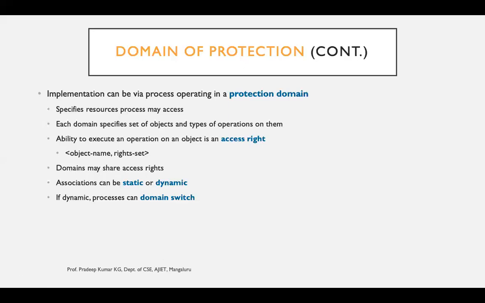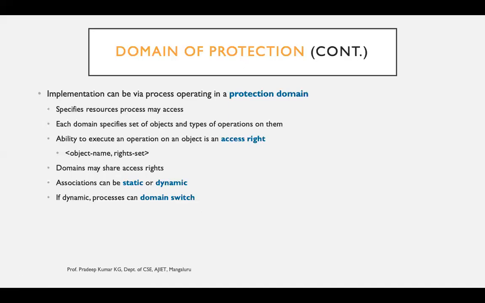Then you may go with static, because there is nothing to worry about; only you are dealing with your own machine. If it is dynamic, with more users accessing that particular machine, then you can set it up based on user level and hardware level. If it is dynamic, processes can domain switch. We can switch different privileges based on the domain.